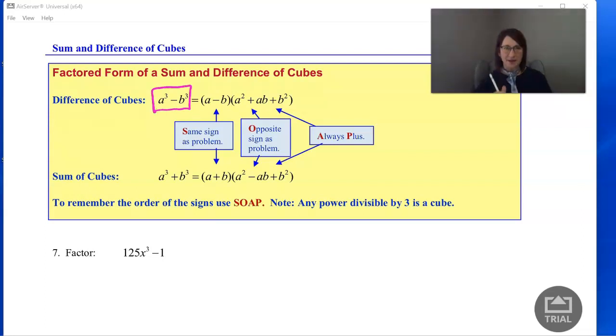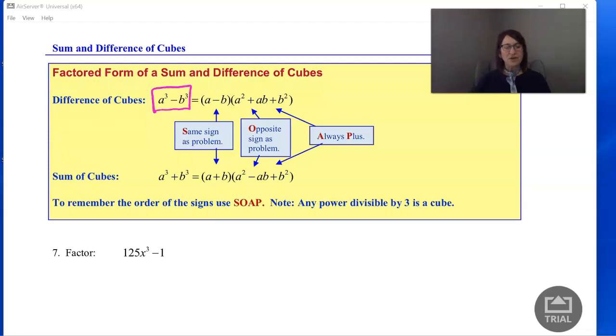So anything that is raised to an exponent that's a multiple of 3 is going to be a perfect cube. So that means our variables, or if we can put our coefficients into a format that is raised to the third power, then that is going to be a perfect cube.